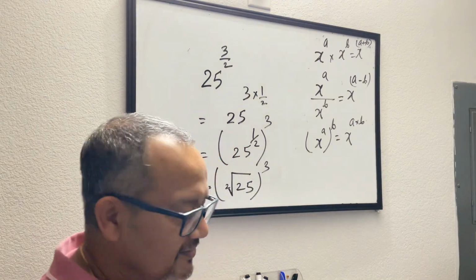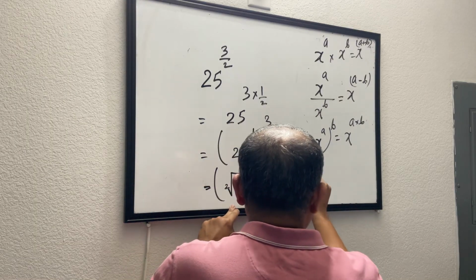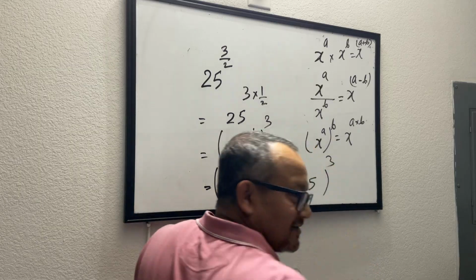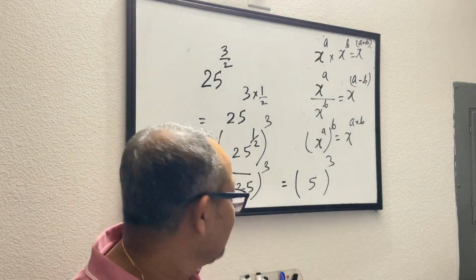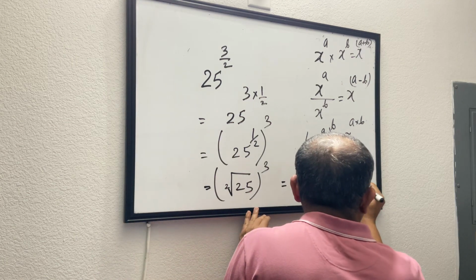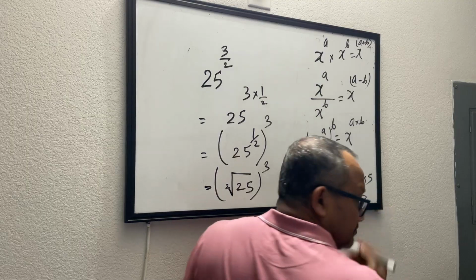Thankfully it is 5, not 6. Otherwise, you guys would have started singing a song. So 5 to the power 3, that is 5 into 5 into 5. That will be 125.